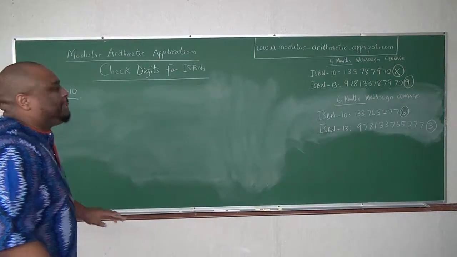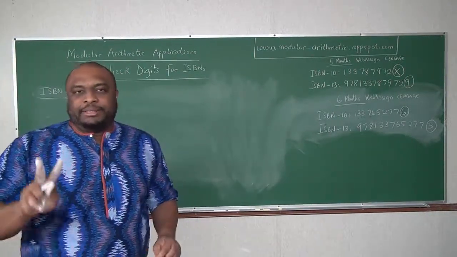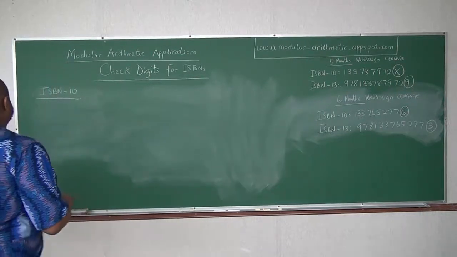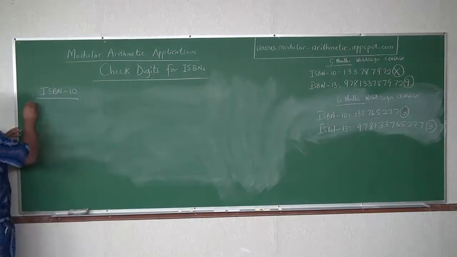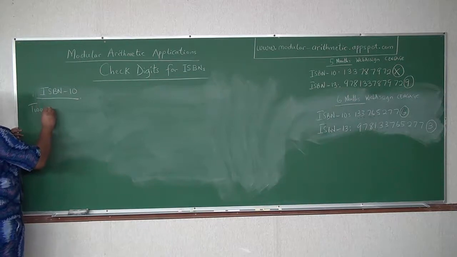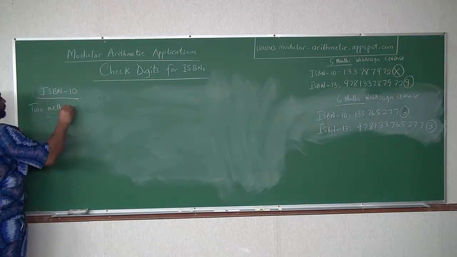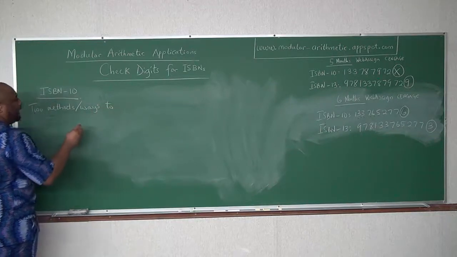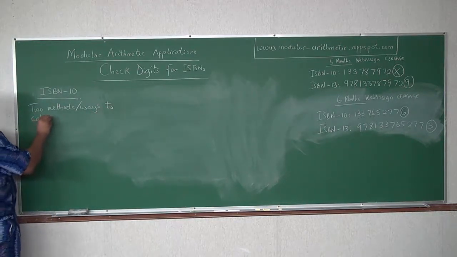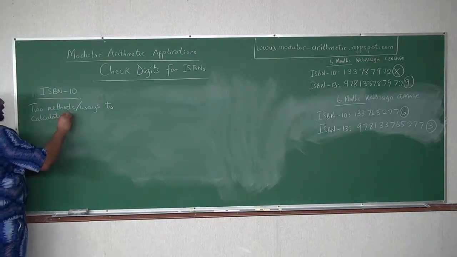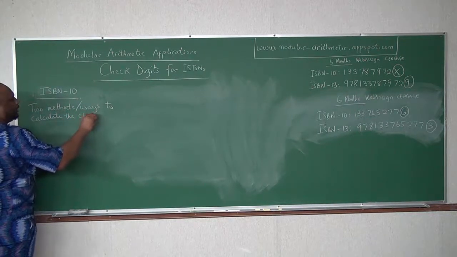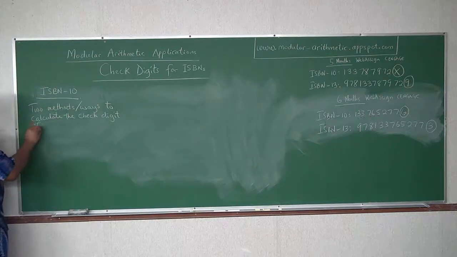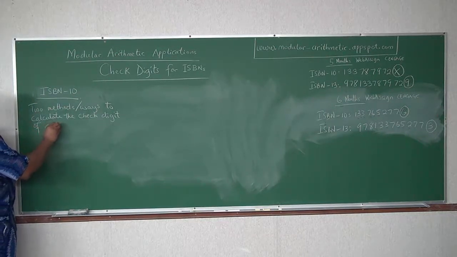Alright, so for ISBN-10, there are 2 methods, 2 ways to calculate the check digit of an ISBN-10.